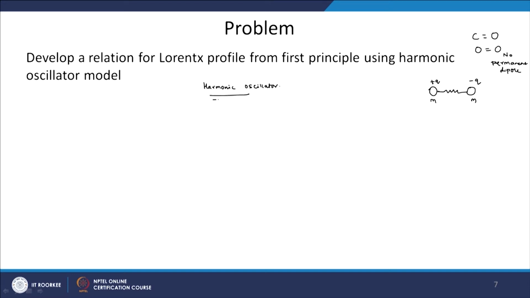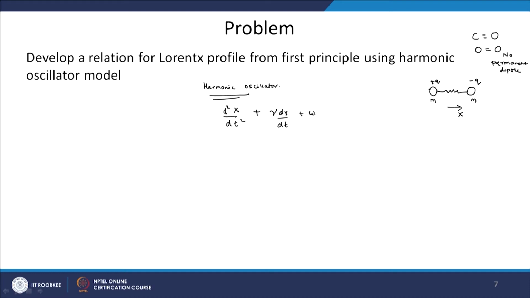So, the harmonic oscillator equation for this can be written as, now this coordinate is x, d square x by dt square, that means acceleration, plus gamma times dx by dt, plus omega naught square x is equal to 0. I will explain why this gamma is coming in.